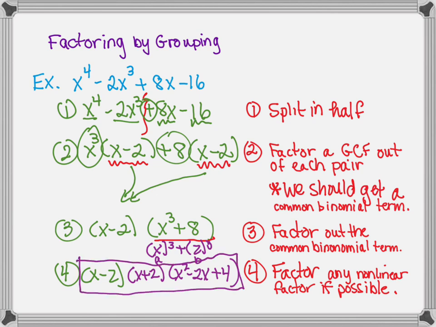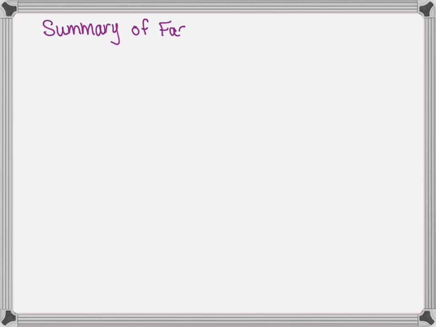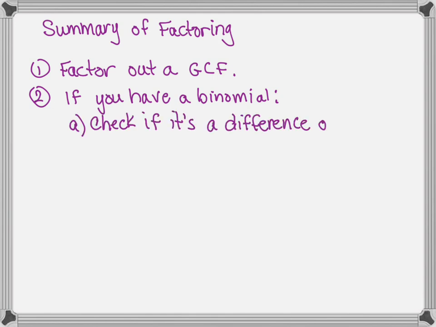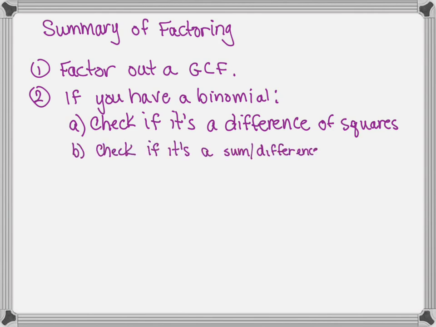Okay, let us just quickly summarize all of the methods that we've looked at for factoring. First, you're always going to look to see if you can factor out a greatest common factor first. Then, if you have a binomial, check to see if it's a difference of squares, or check if it's a sum or difference of cubes.